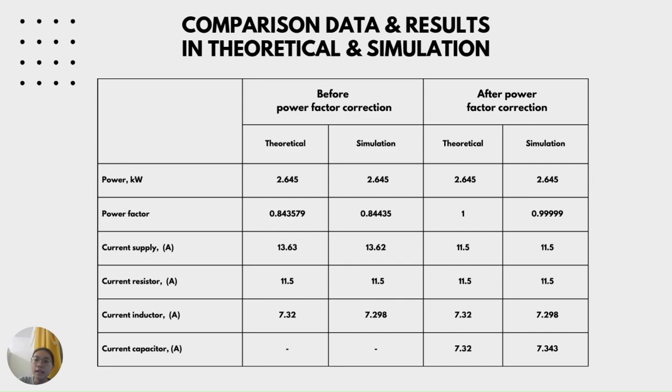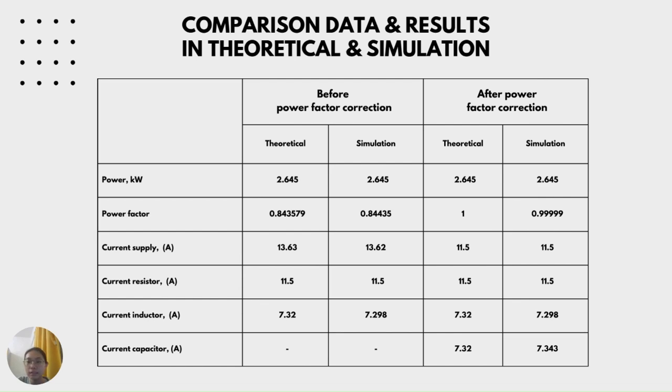Next, the data results in theory and simulation are compared. Before the power factor correction, the theoretical power value and the simulation power value are the same, both 2.645 kW. Secondly, the theoretical power factor is 0.84359 and the simulation power factor is 0.84435.